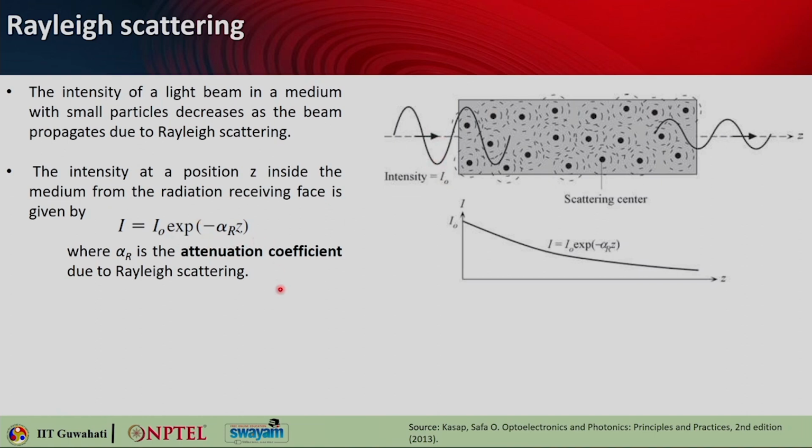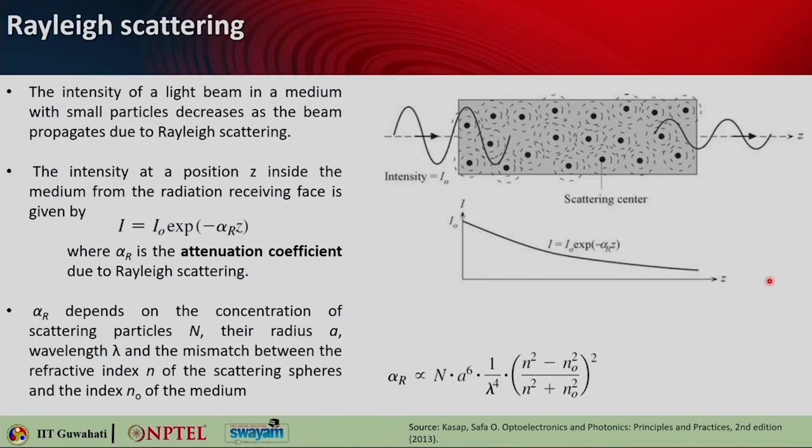So, what is alpha r? Alpha r is nothing but the Rayleigh attenuation constant, or you can say it is the attenuation constant due to Rayleigh scattering, and z is the distance. So, with distance the intensity decays. If this material with Rayleigh scattering elements is longer, you will have more decay along the path.